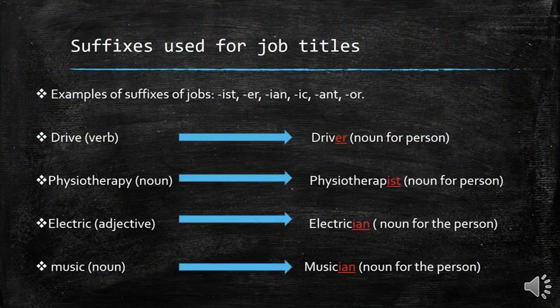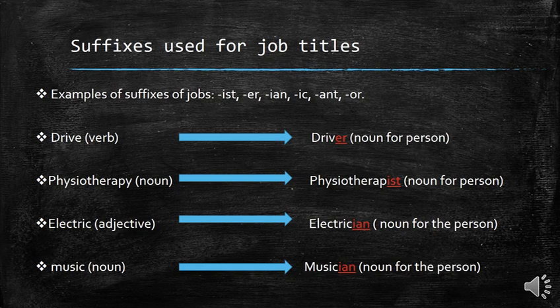Since we knew the meaning of suffixes, now we can use them in a different way. We will use them in a way to make professions, to make job titles. So, these examples for suffixes to make job titles are ist, it's very common, er, ian, ic, ant, or.